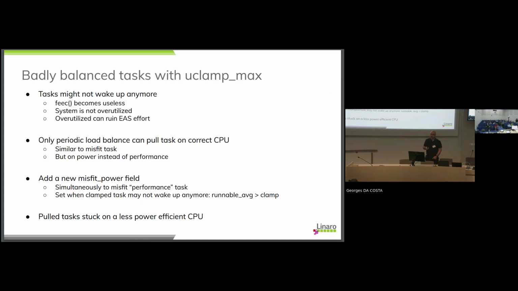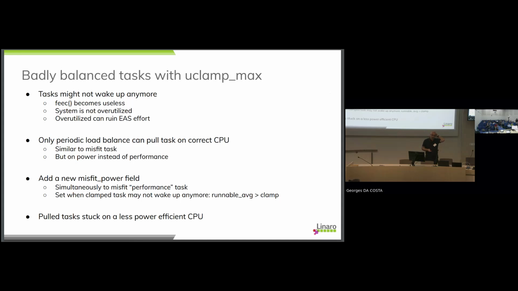And the system is not overutilized, but we don't have any wake up to migrate tasks to a better CPU. And if an overutilized state happens shortly, it can just migrate one task to the wrong CPU and it will get stuck in this situation for a long time.